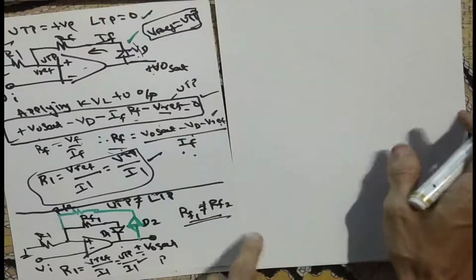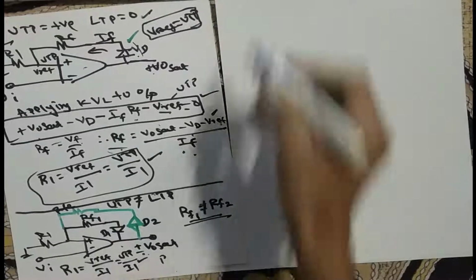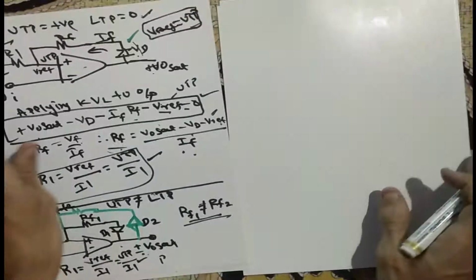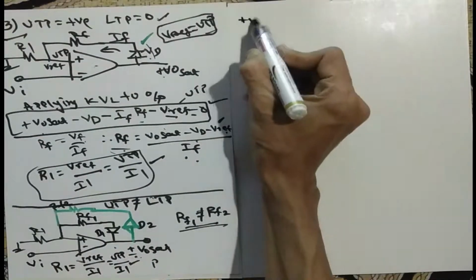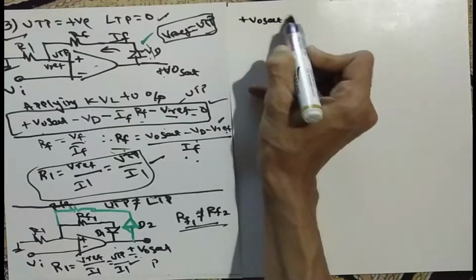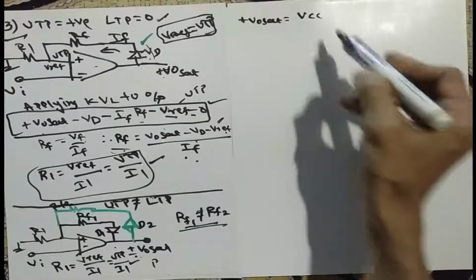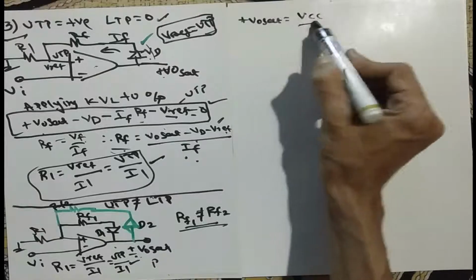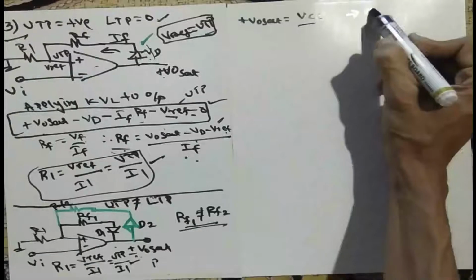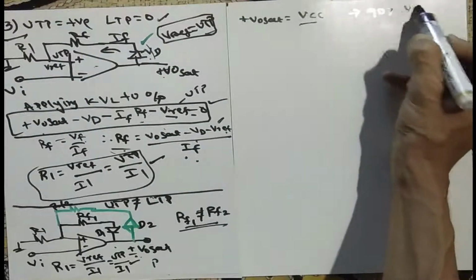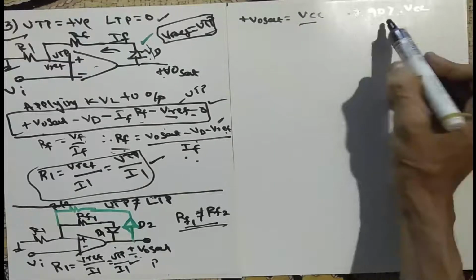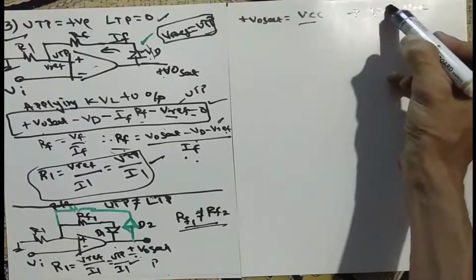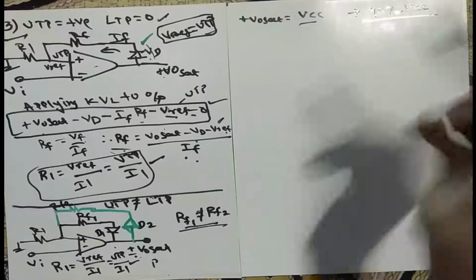Now here we are getting two types of voltage, V0 saturation. Plus V0 saturation is nothing but the VCC value. This is theoretical, but practically we usually take 90% of VCC, because the full VCC value won't be obtained. So you can consider 90% of VCC as good.